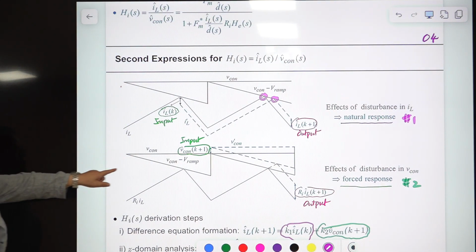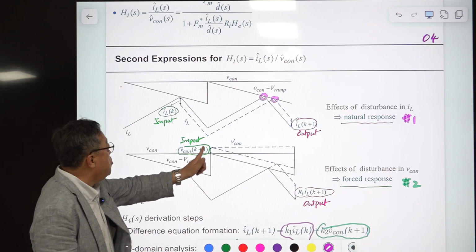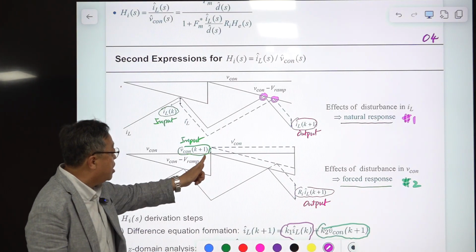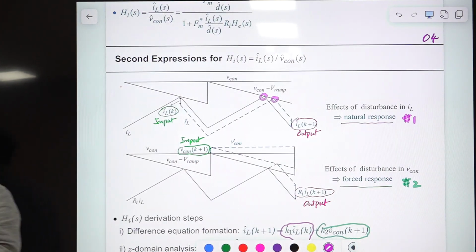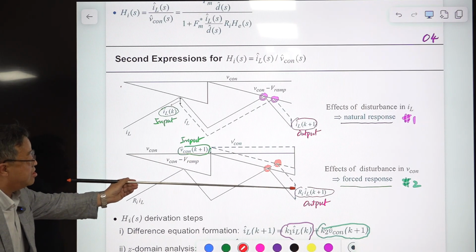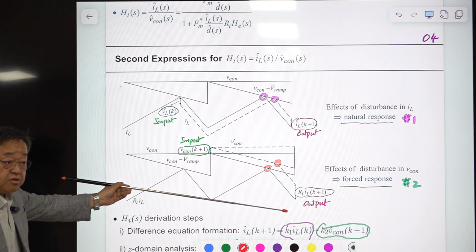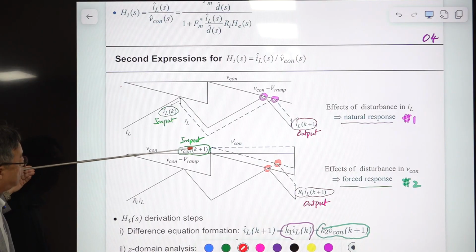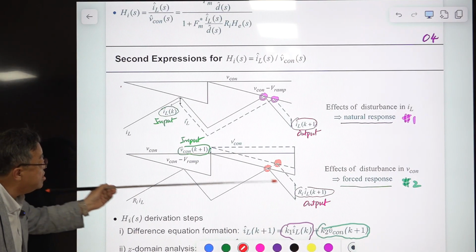And at this moment, the control voltage jumps up. Without this jump, the PWM point was here, and the PWM point is changed to here. So this can be considered as the input of the change, and this is the output of the change. We want to write down the equation between this and this.